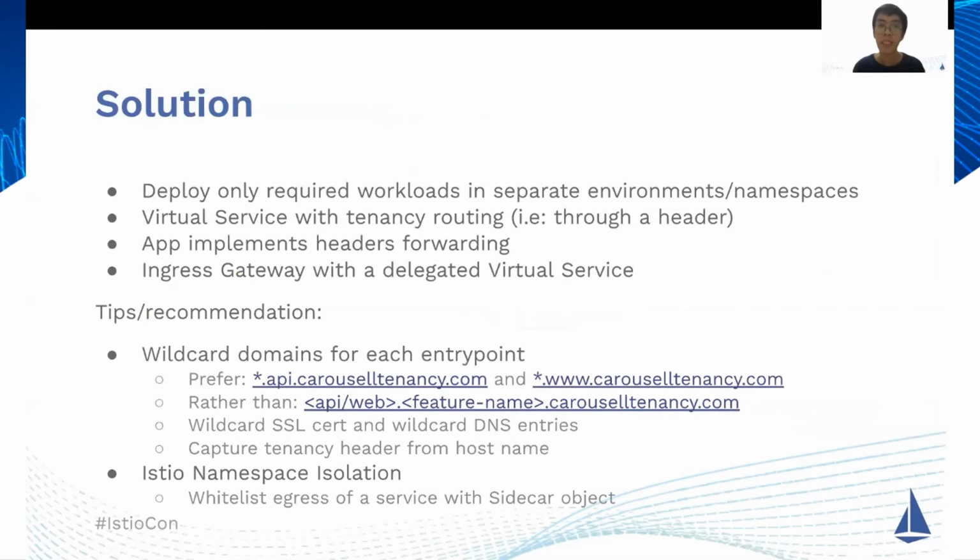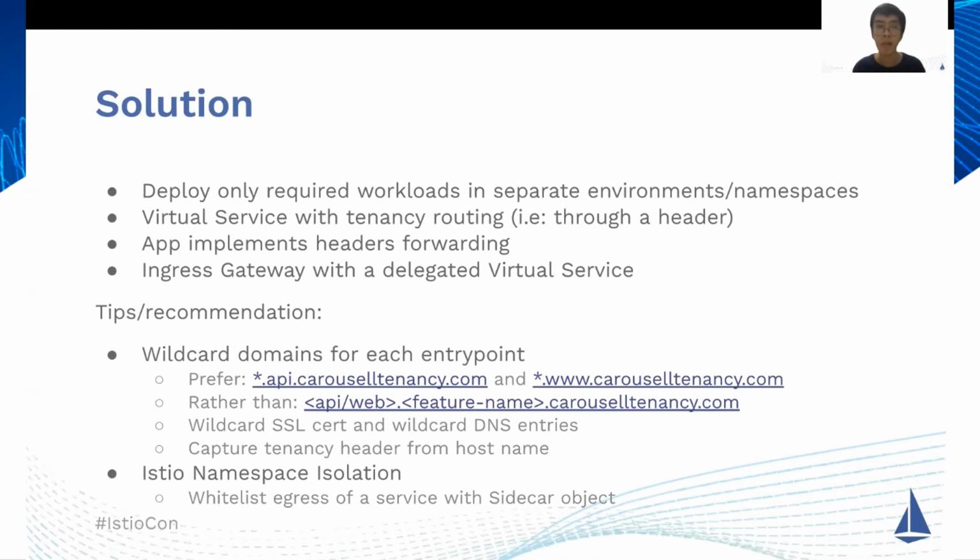Next, we want to give a summary of overall how we set up our dev environment. On our dev environment, we only need to deploy the required workload, which has some changes, in a dedicated or separate environment or namespace.